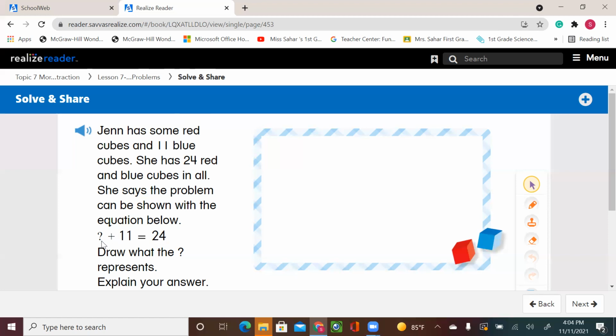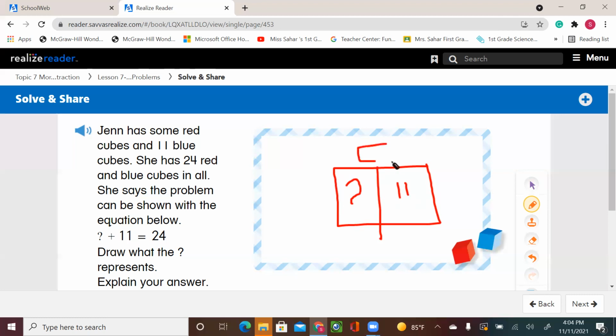If you remember the bar diagram we used in the beginning of our lessons, like probably two topics ago, we draw like that. I show what we have and what's missing. So I know that one of the addends is 11. The extra that she had in red, I don't know.